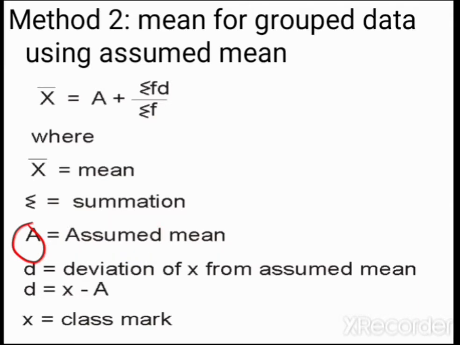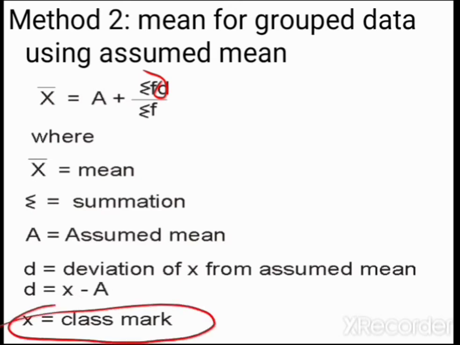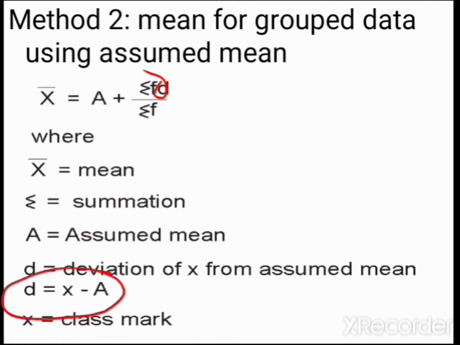This D you can see here is the deviation of S from the assumed mean, where S is our class mark. So D is the deviation of each class mark from the assumed mean. That is, D, the deviation, is equal to S minus the assumed mean.